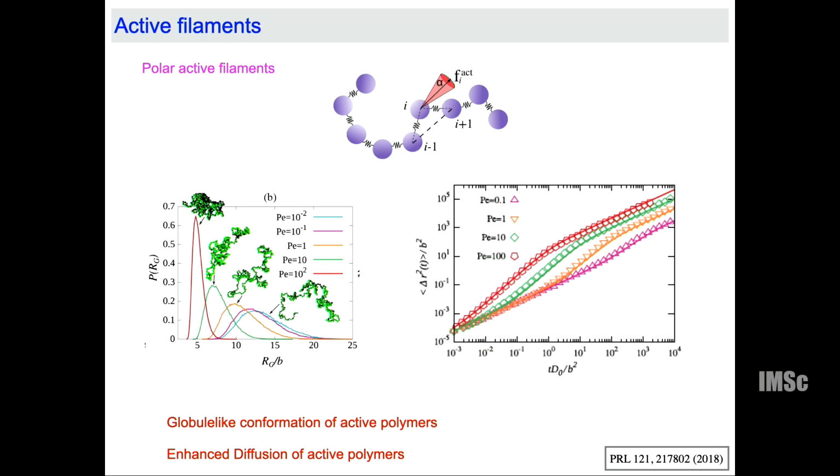And what these people have shown is that if you have such a polar active polymer, then depending on the activity, which is described by a number called the Peclet number, where a larger Peclet number means more activity, as you increase the activity, the polymer shows a coil to globule transition.